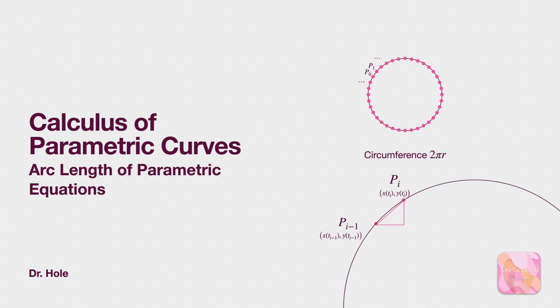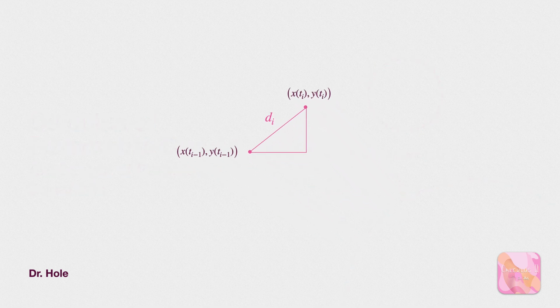Nice. What you want to note in this picture is that the arc length between the 2 points can be approximated by this hypotenuse. So let's give the name the hypotenuse d i, and then focus on finding a formula to compute d i.